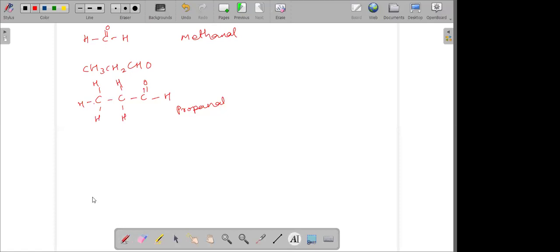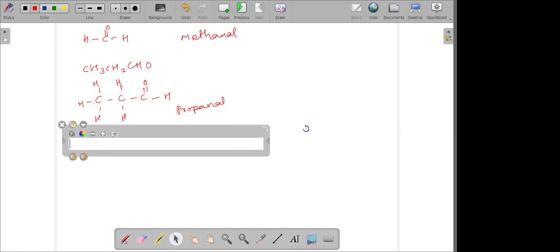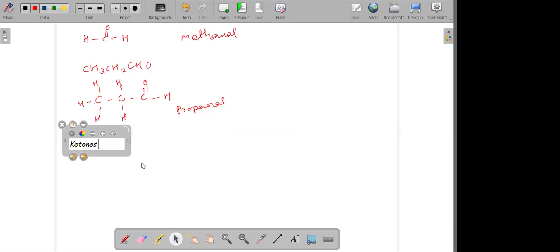Okay. The next one is we are doing ketones. So ketones, they are like this.